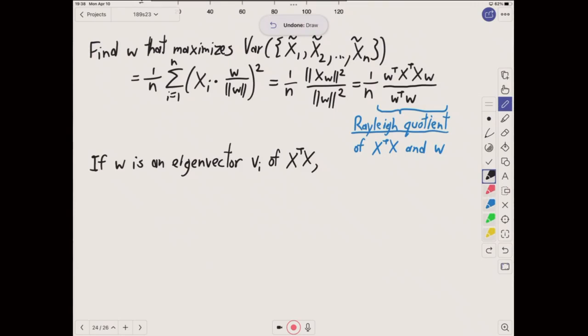Therefore, when you plug an eigenvector of X transpose X into the Rayleigh quotient, the Rayleigh quotient itself has a value of lambda_i.